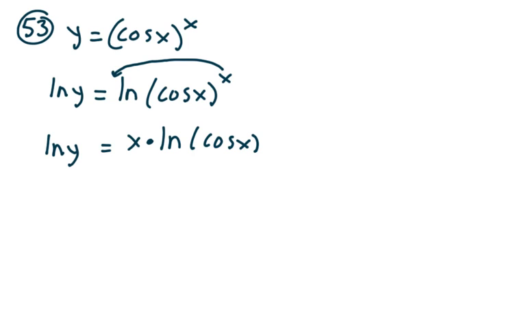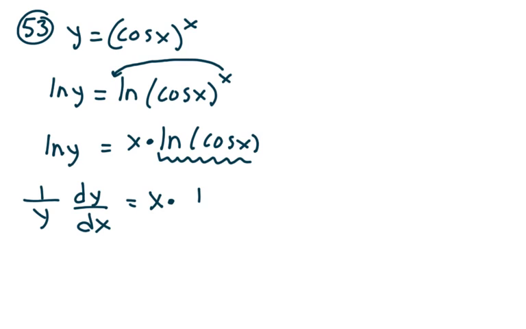And now I'm ready for the derivative. So 1 over y dy/dx. So again, I'm differentiating both sides with respect to x the whole time. Now, that's the left side. 1 over y dy/dx is x times the derivative of natural log of cosine x with respect to x.